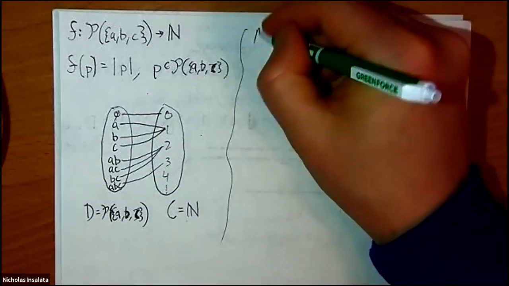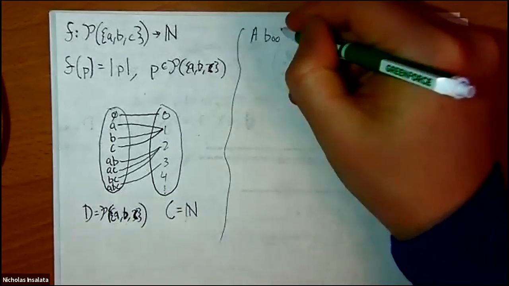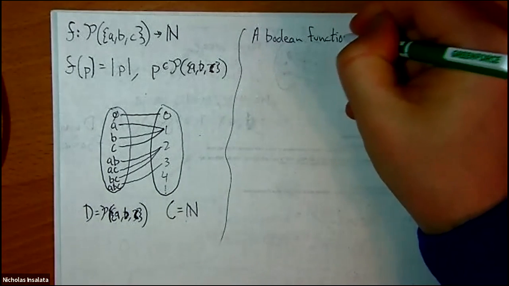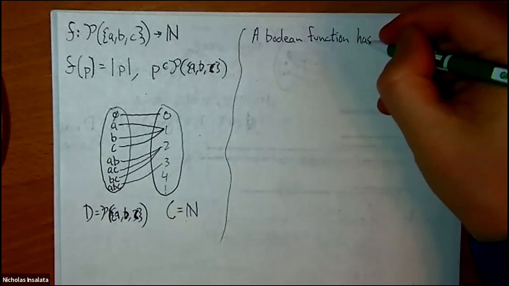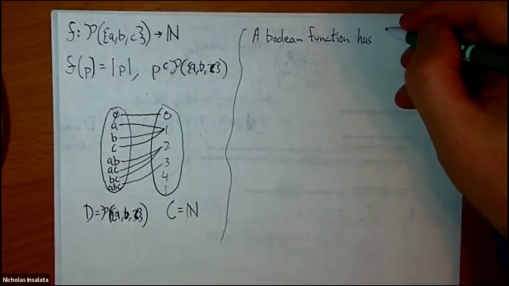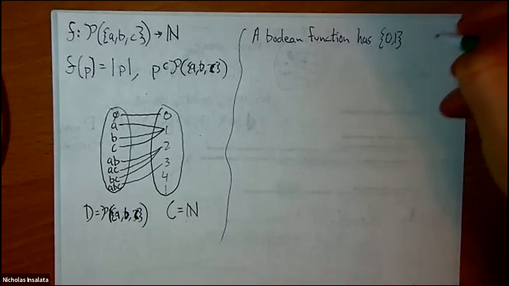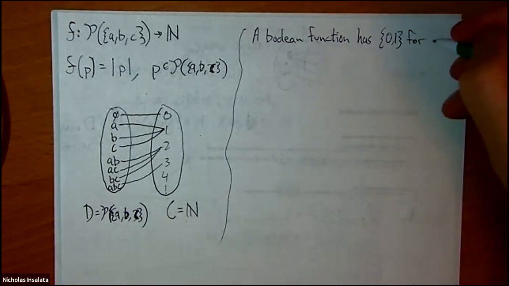first of all, a Boolean function has the set {0, 1} for inputs and outputs.